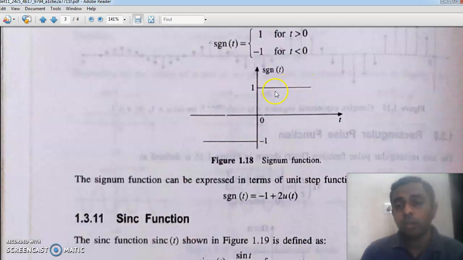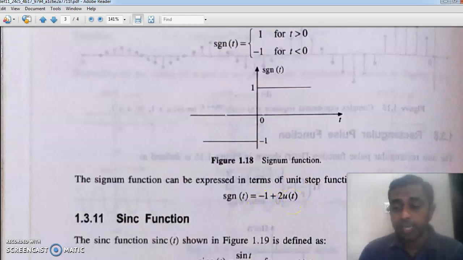If I multiply that with 2, the magnitude becomes 2. If I subtract 1 from this signal, the magnitude 2 becomes 1 for t greater than or equal to 0, and 2 u of t has no value for t less than 0, so 0 minus 1 is all minus 1. So you can write signum of t as minus 1 plus 2 u of t.